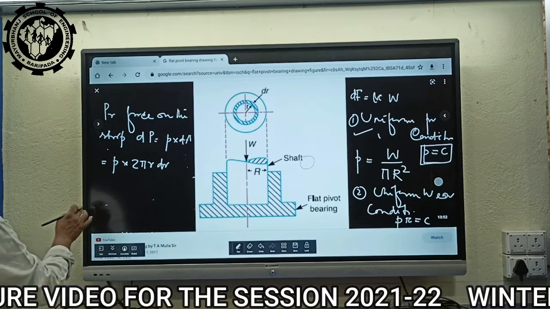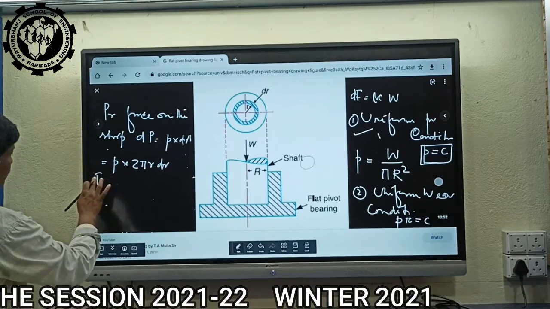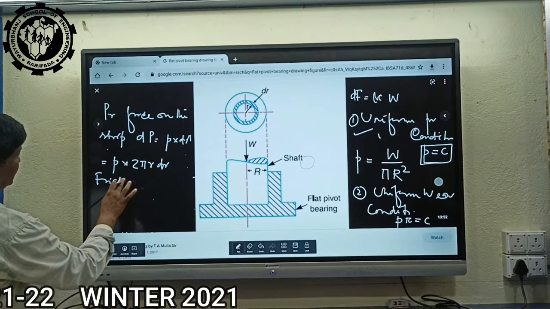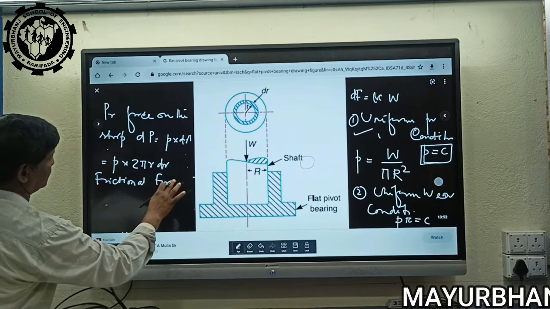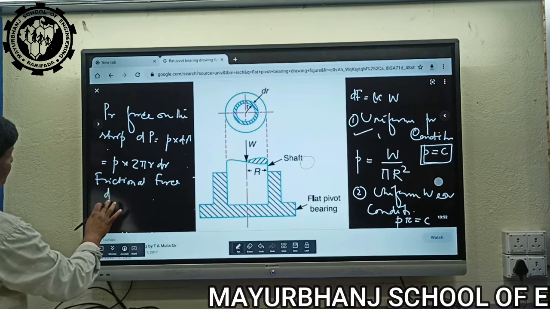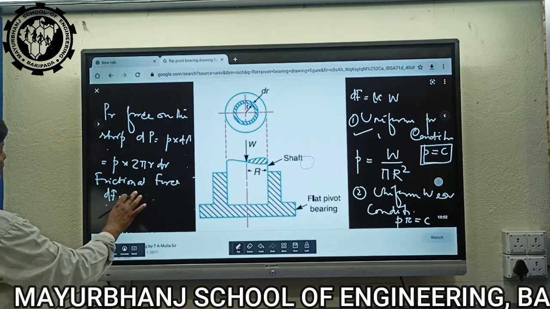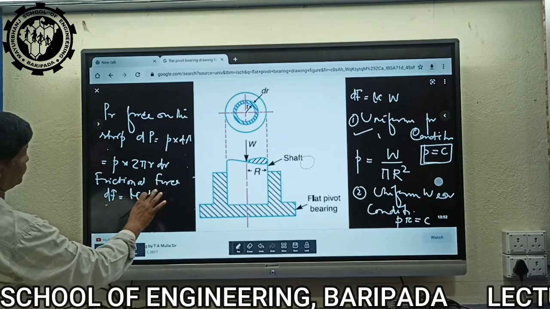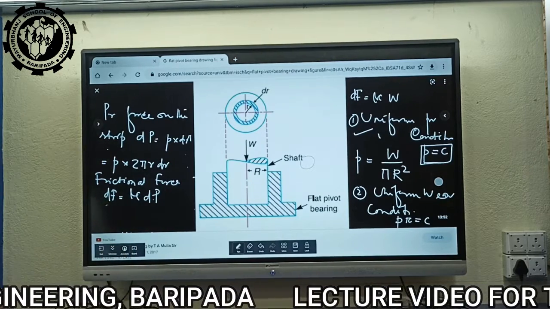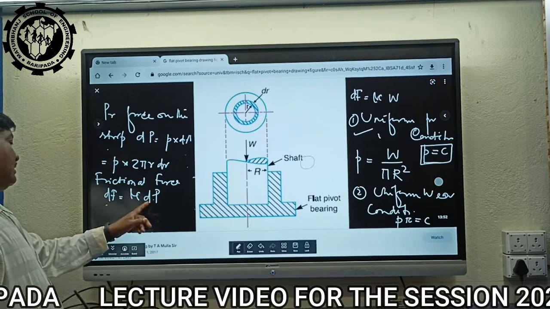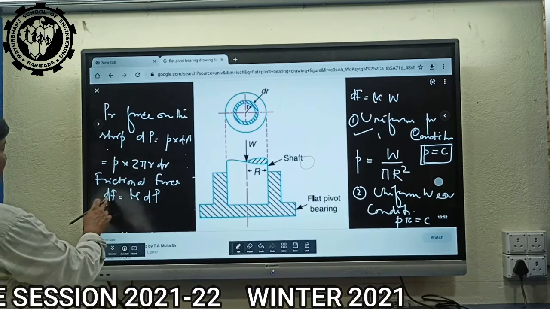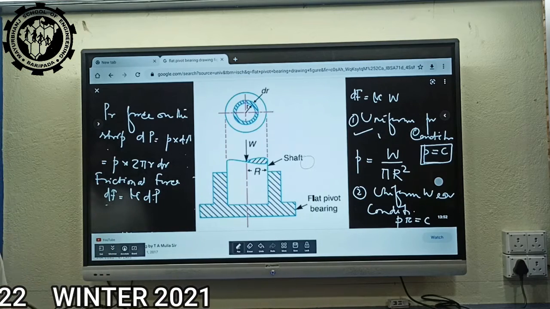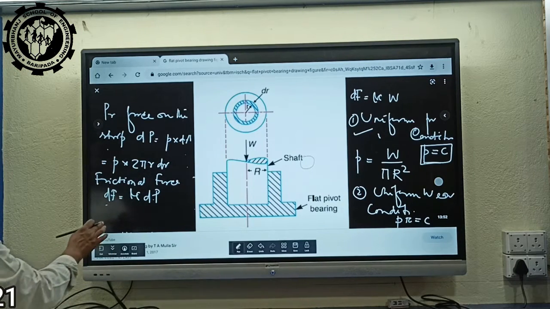Now we calculate the frictional force dF. dF is equal to mu into dP. The pressure force is the normal reaction, and F is equal to mu R, that is the first formula of friction.